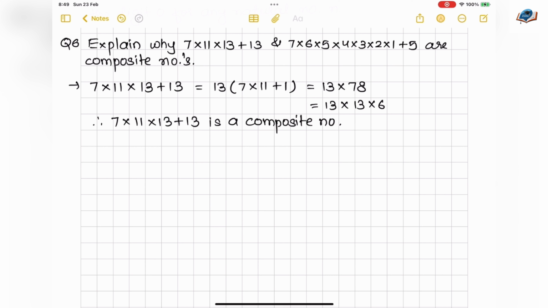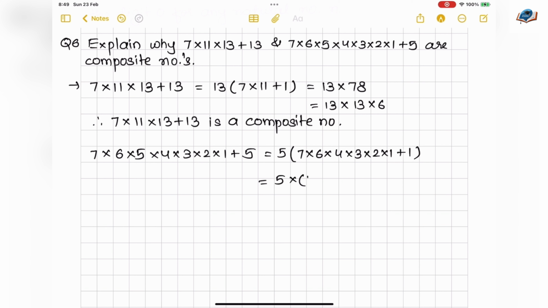Now, same way, if I want to show 7 into 6 into 5 into 4 into 3 into 2 into 1 plus 5. So here, if I take 5 common from both, so 7 into 6 into 4 into 3 into 2 into 1 plus 1. So that will be 5 into 1008 plus 1. So that will be 5 into 1009. Again, if you see 1009 cannot be factorized further.